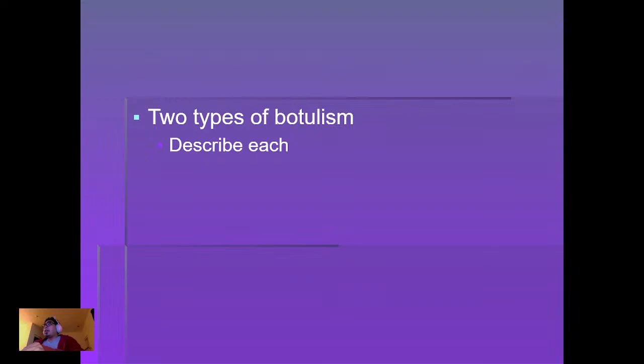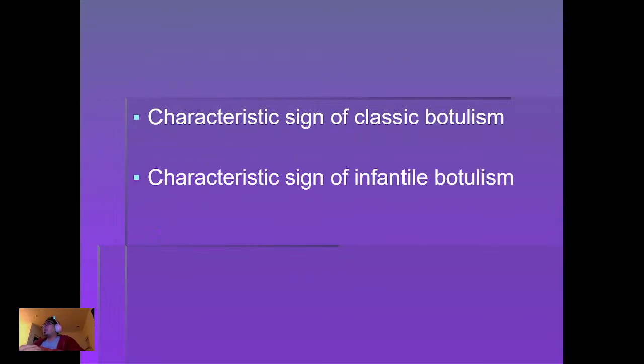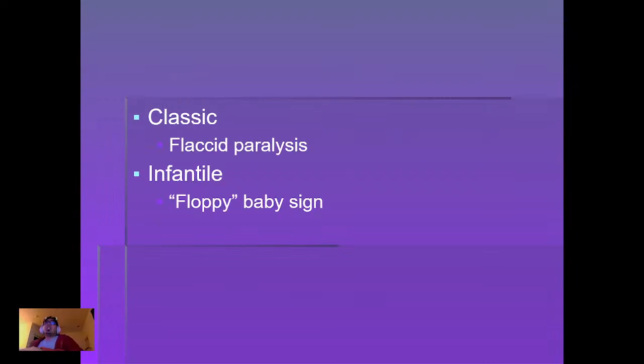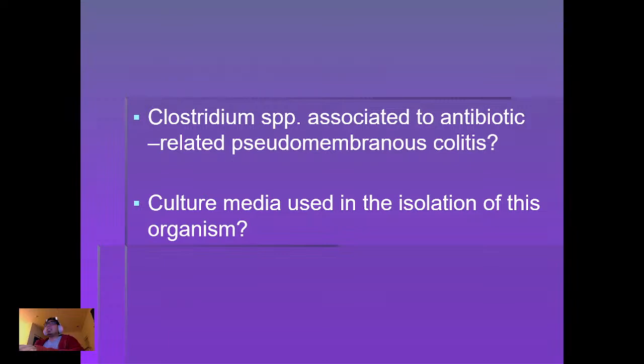Okay? There is a classic sign for patients with botulism. For classic botulism, you get flaccid paralysis. For infantile botulism, you have what you call the floppy baby sign. Okay? So floppy baby, yung parang nakalawlaw lang yung baby. Parang walang energy, hindi makulay ang buhay niya. 'Di ba? Parang hindi siya magana. Okay? Flaccid paralysis.